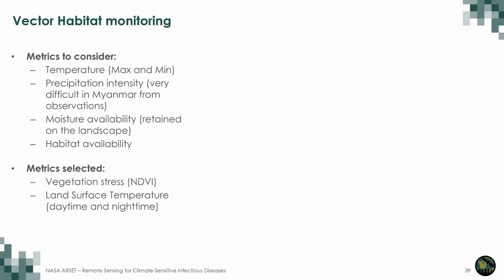So a lot of projects and a lot of effort is right now going into using the data from the Visible Infrared Imaging Radiometer Suite, VIIRS, to pick up the same metrics and the same observations that MODIS was usually used for. They're not directly comparable, but it should still work fairly well for land surface temperature and for vegetation stress.